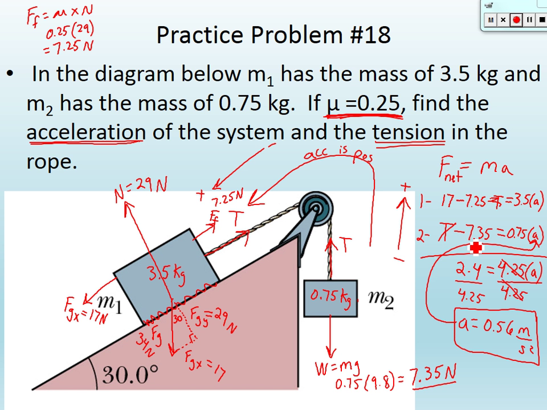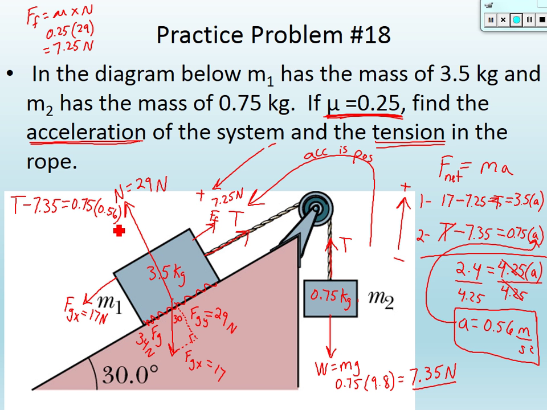Find some spot on the board where I have some more room. Let's do it right here. So tension minus 7.35 is equal to 0.75 times A. And we know what A is now. It's 0.56. So I'm going to plug that in.